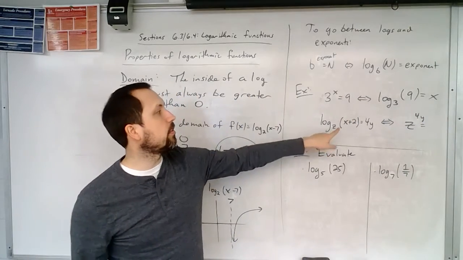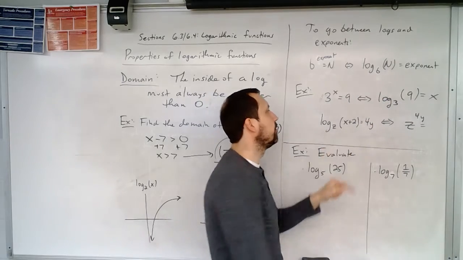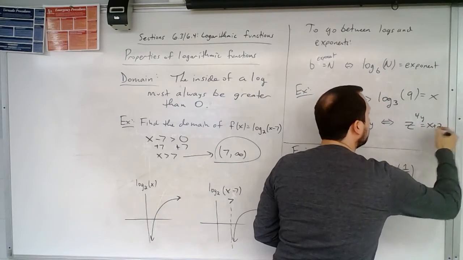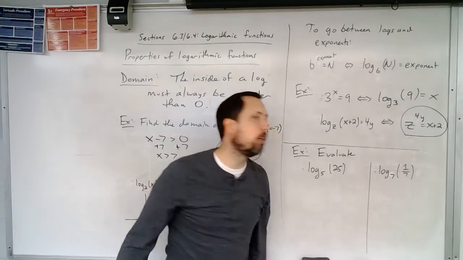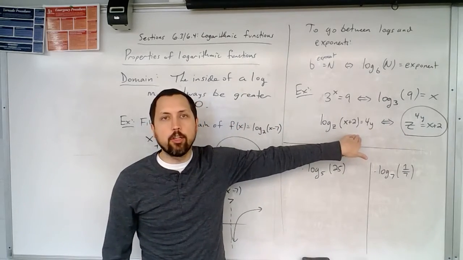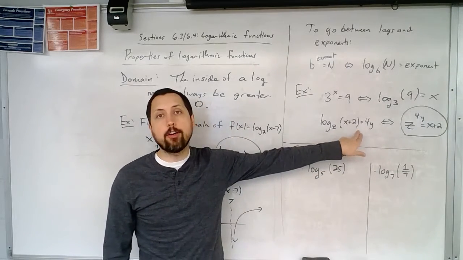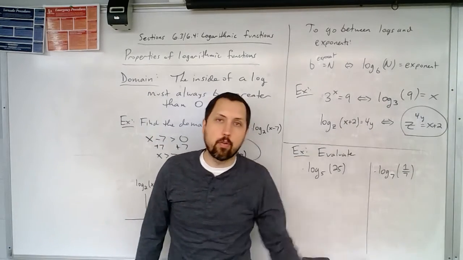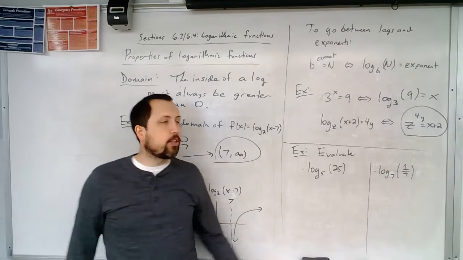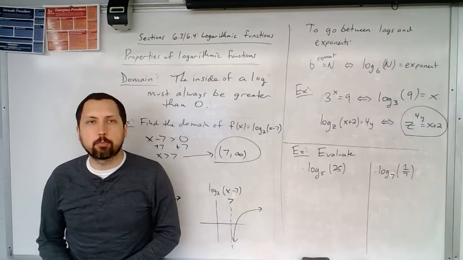And then this is equal to some number. This number over here was the number that's on the inside. So this is equal to x plus 2. So this is now this in exponential form. So these two are equivalent to one another, whether you're writing them in logs or in exponential form.